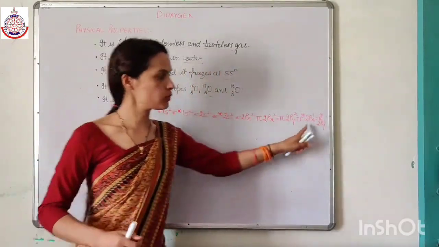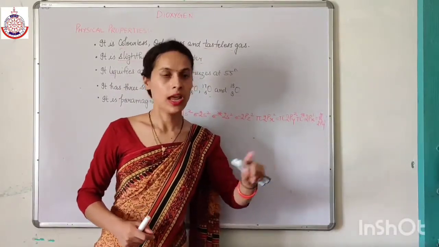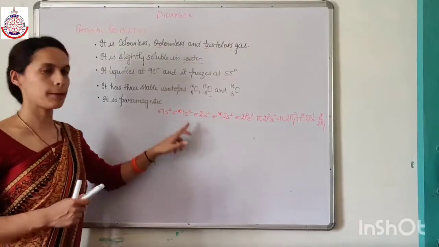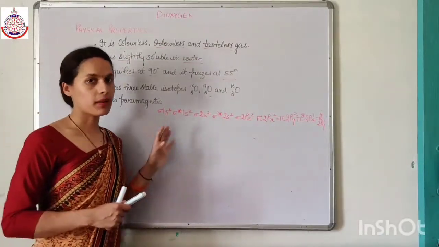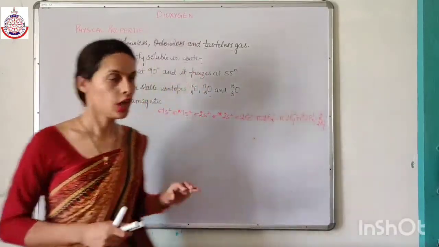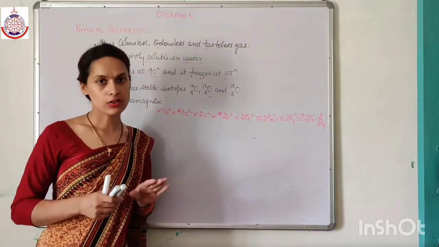So these two anti-bonding orbitals have unpaired electron, and because of these unpaired electrons, dioxygen is paramagnetic though it contains even number of electrons. So these are the 5 physical properties of the dioxygen.